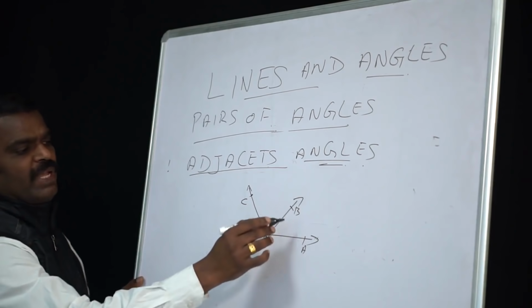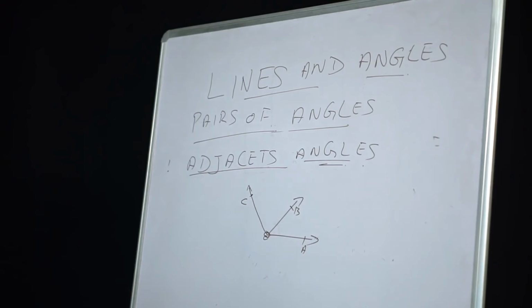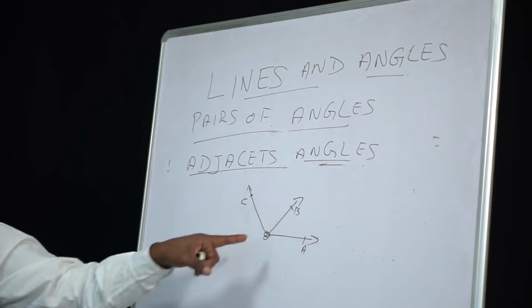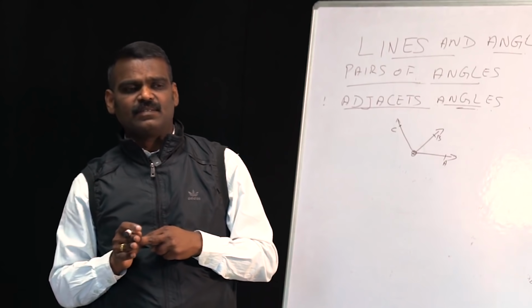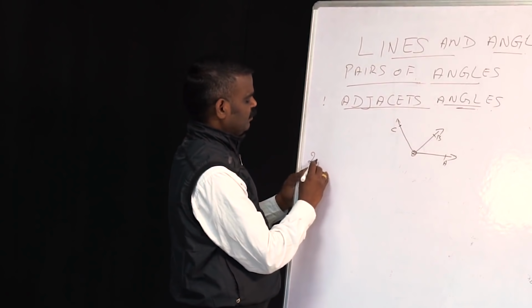Angle AOB and angle BOC. It is something like next to you. Who is next to you? Your friend, right? Yes. In between you and your friend there is nobody. So in between angle AOB and BOC there are no angles. So those angles are called what angles? Adjacent angles. Clear? Next.